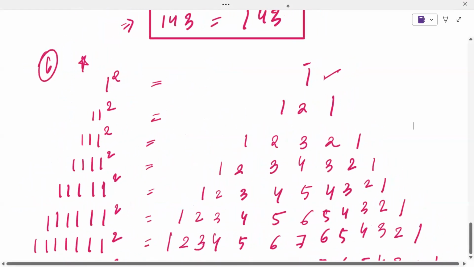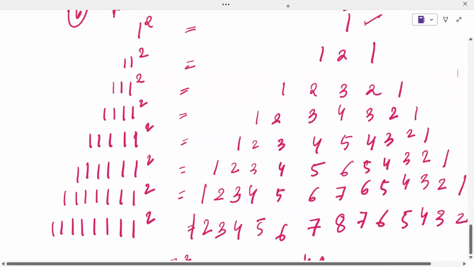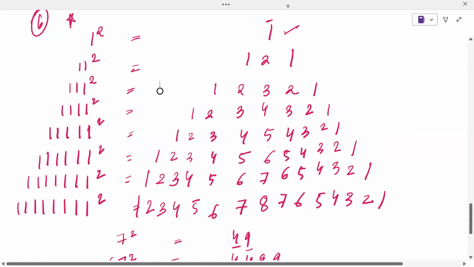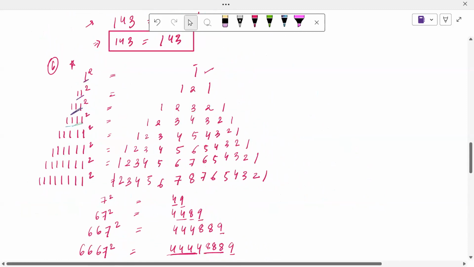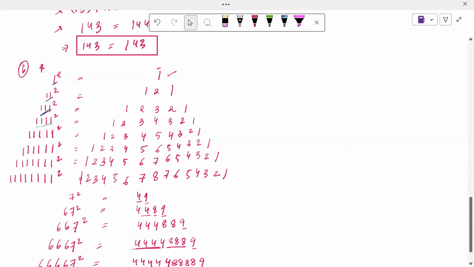All of these numbers only have 1 in them, right? It's 1, 11, 111. There is no other digit. There is no 2, no 3, no 4. So if you have such numbers, you can refer to this table and just write the answer directly.